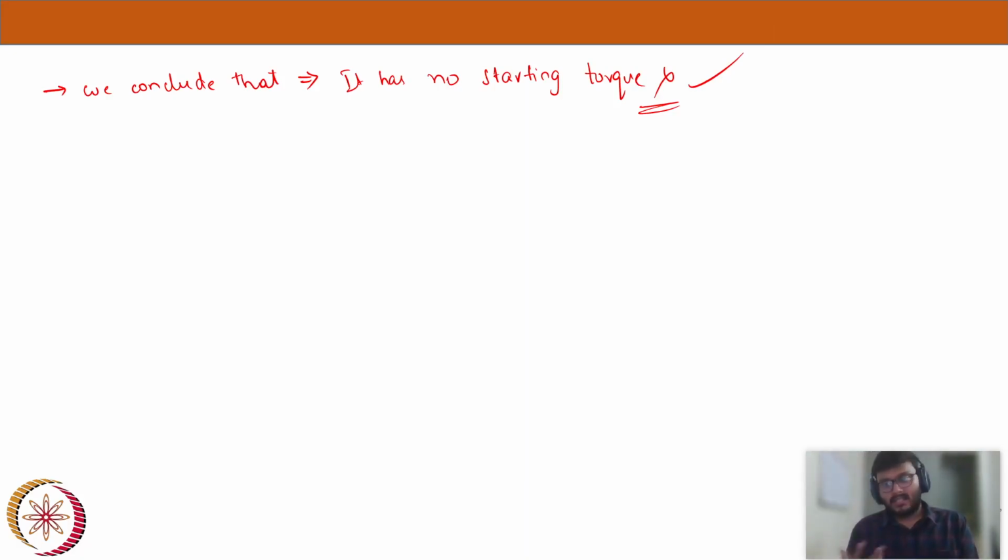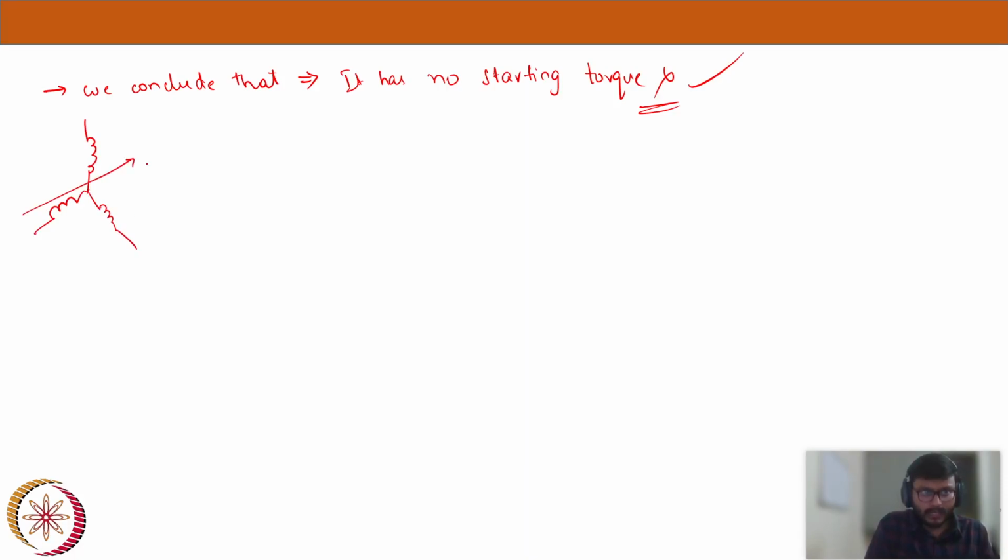It's just a stationary field in the rotor. It's not rotating with NS, not even rotating with some speed. Now, what to do? It's interesting here; this is a very simple idea anyone can do.